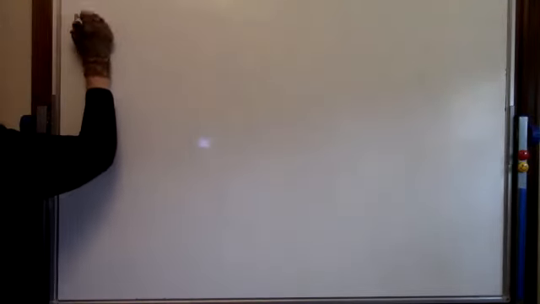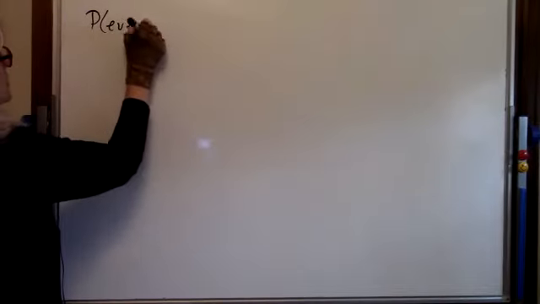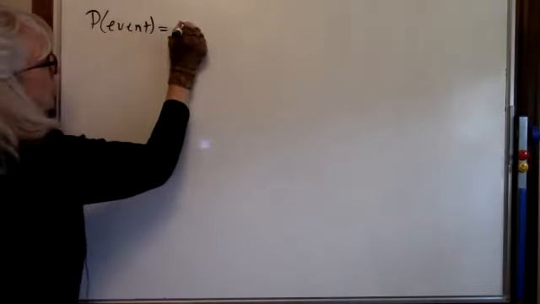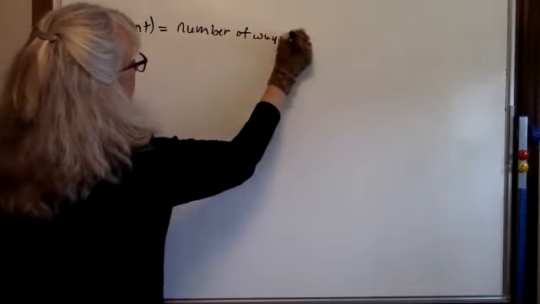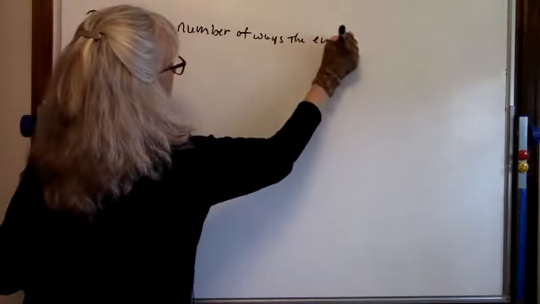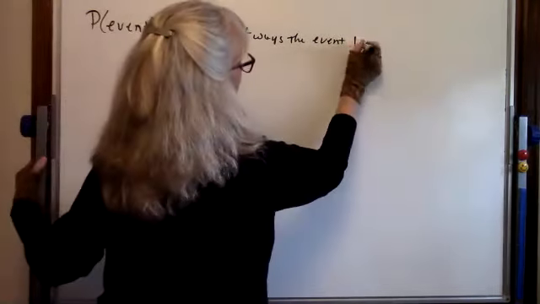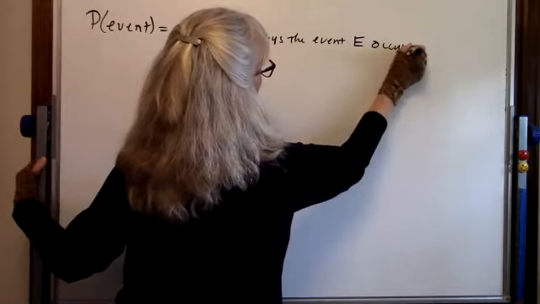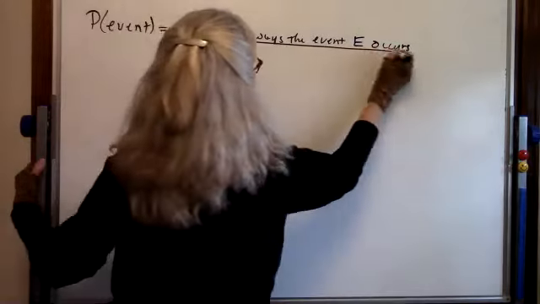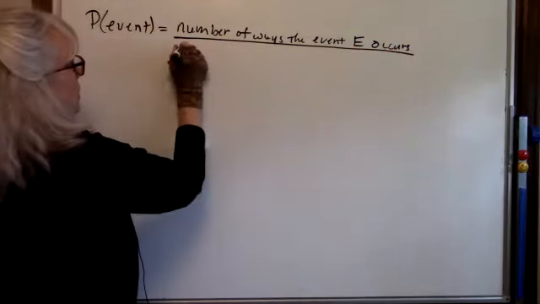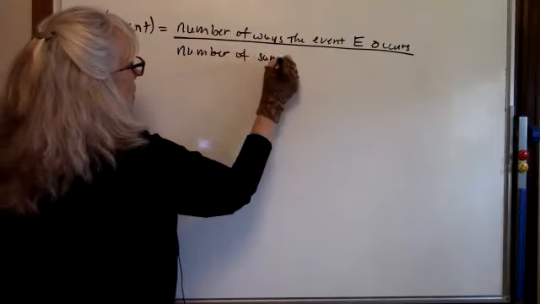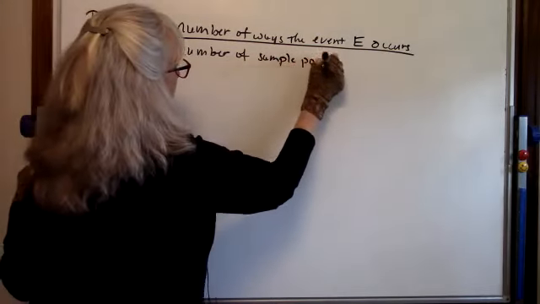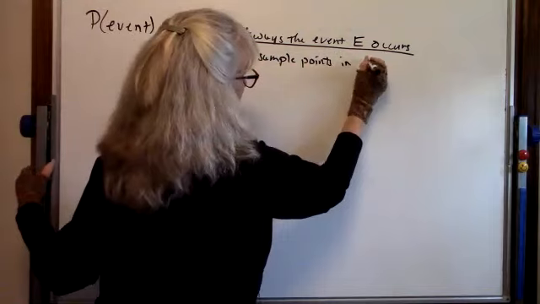So the probability of an event, we can come in and finally formally define it. So the probability of a specific event is equal to the number of ways the event E occurs all over the number of sample points in the sample space.